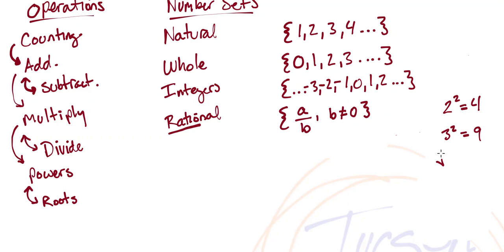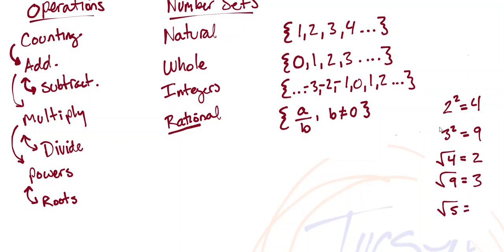So the square root of 4 is 2. The square root of 9 is 3. But what's the square root of 5? 5 is between 4 and 9, so there needs to be a number between 2 and 3 that if we multiply it by itself, we get 5. But what is that number?